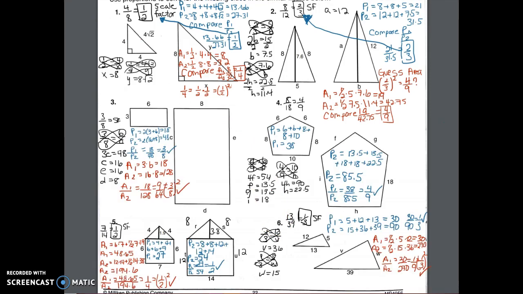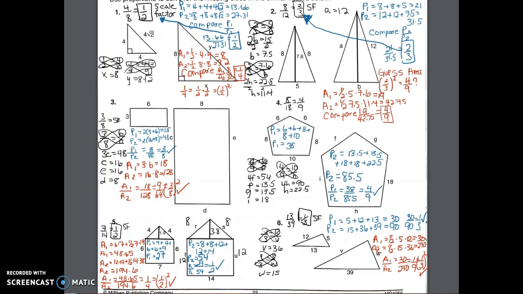Okay, so now you can see that all of the problems have been worked out. On number 3, the blue is the perimeter and red is the area. And I have worked out the perimeter and area. I have compared the perimeter to the scale factor, and I have compared the areas together and related it back to the scale factor.